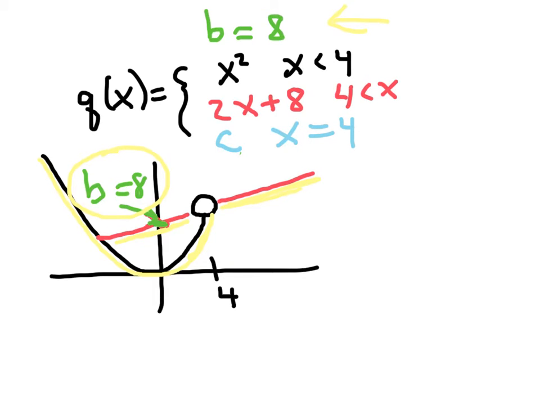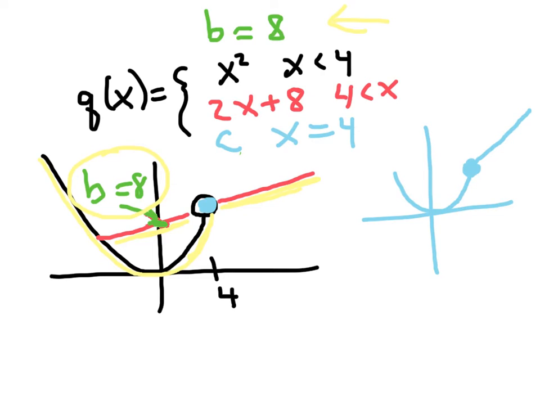Now, the next part of the question is we need to find c so that we make a continuous function. And what that means is I have to find the value that would fill in right there, so I would have one function filled in and the whole thing is continuous.